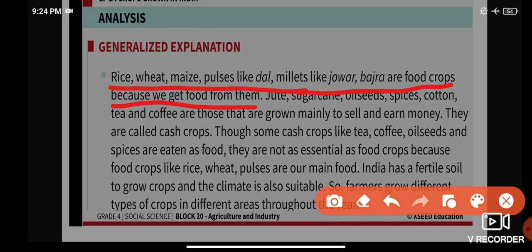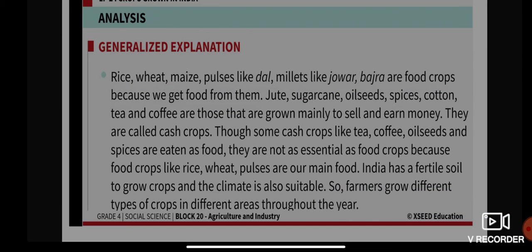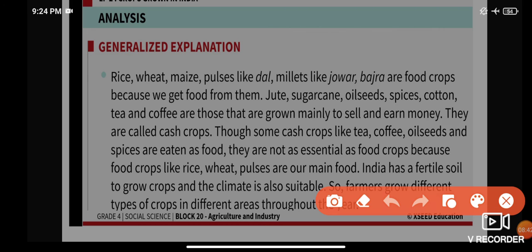And jute, sugar cane, oil seeds, spices, cotton, tea, and coffee are those that are grown mainly to sell and earn money.